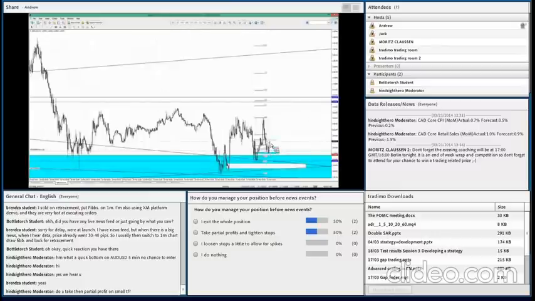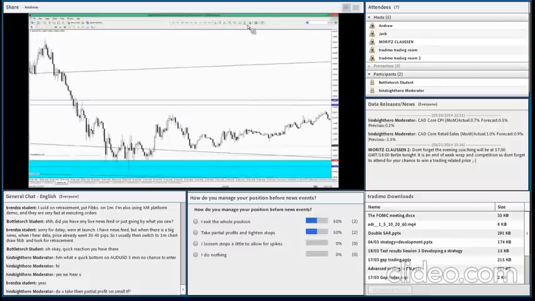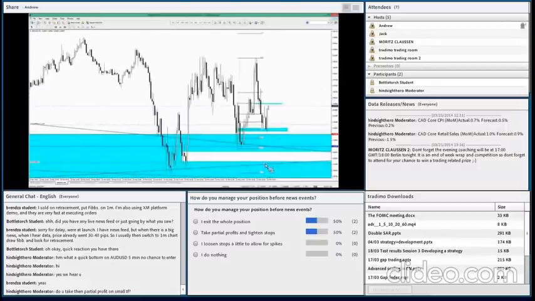There's the close, nice bullish outside bar, okay? And what we can do now is move some of this risk. I'll just put it down just below the A86 area, okay?